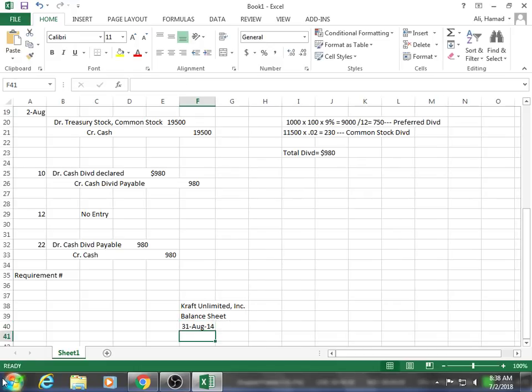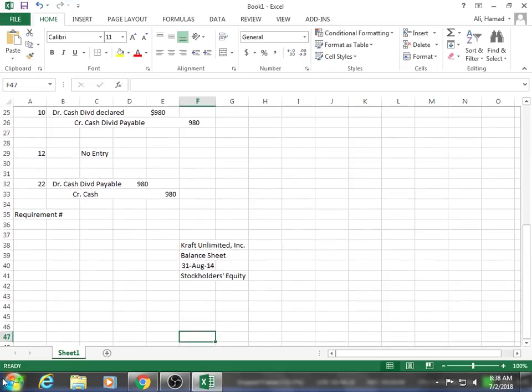Since we're only preparing stockholders equity, I'm going to add another line, stockholders equity.